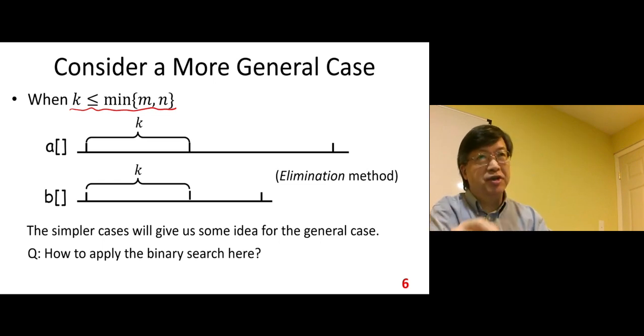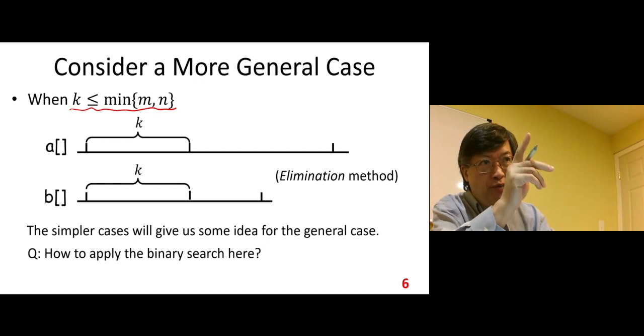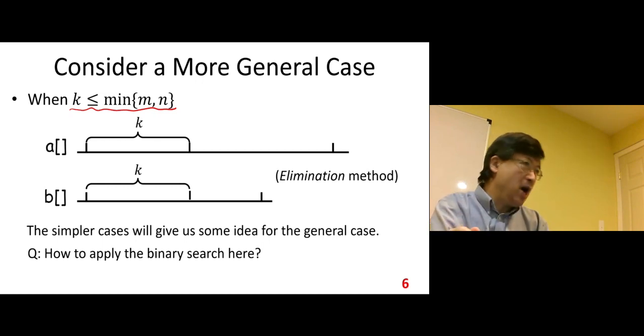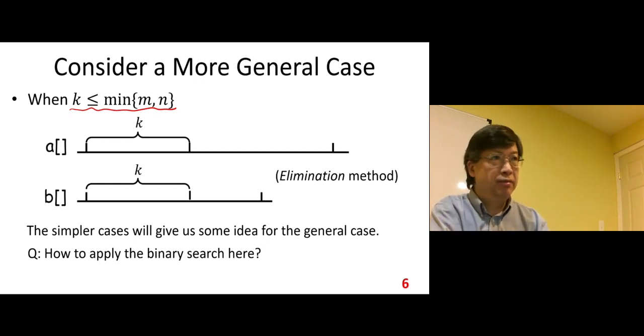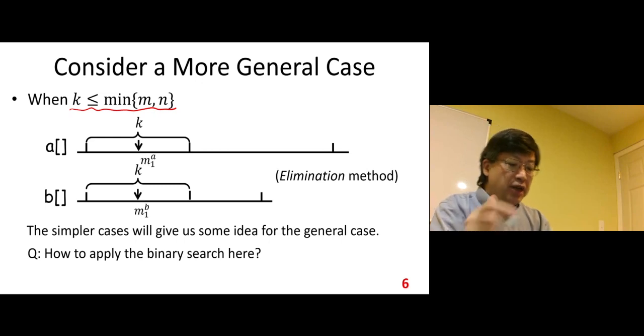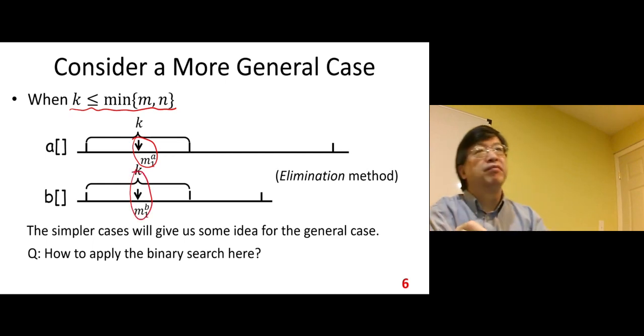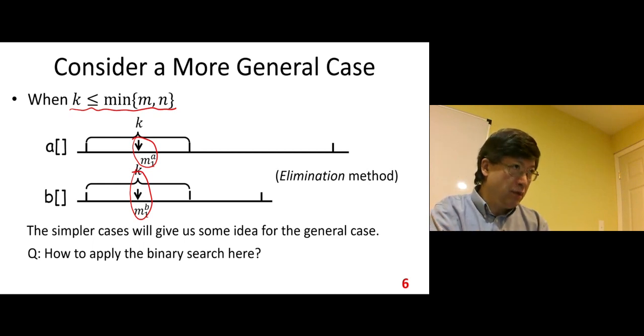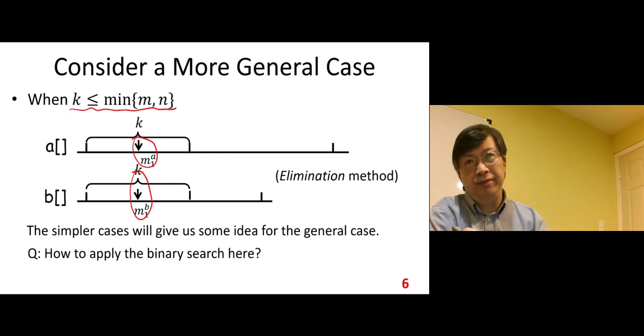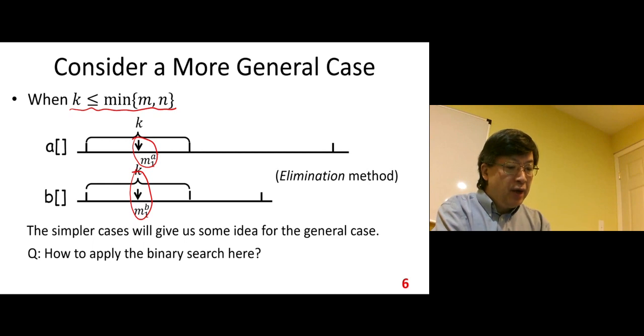When we do comparisons in the binary search style, we pick the middle element of both selected parts of the arrays. Here, the middle one, the median.